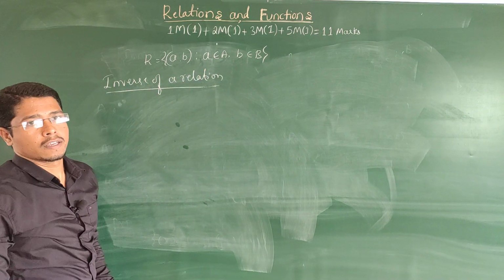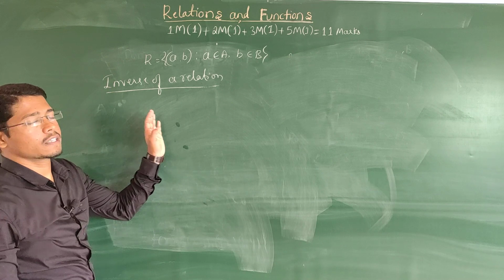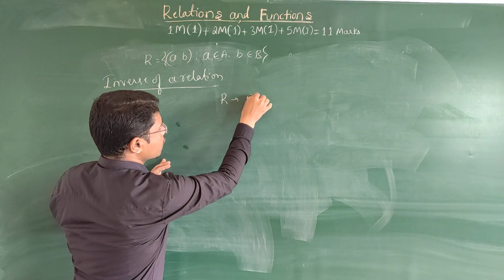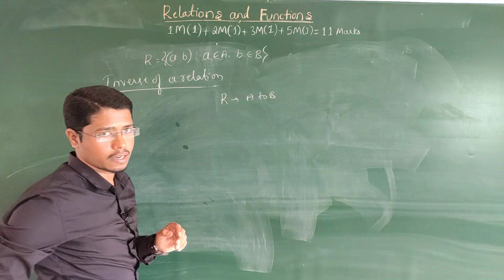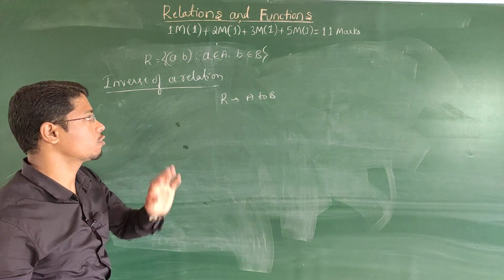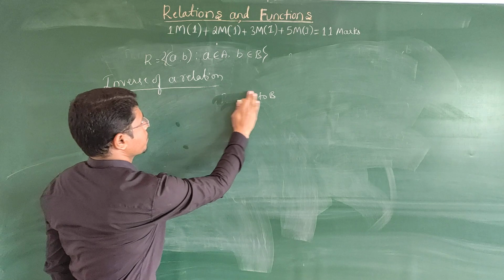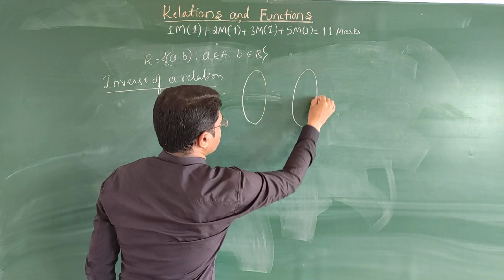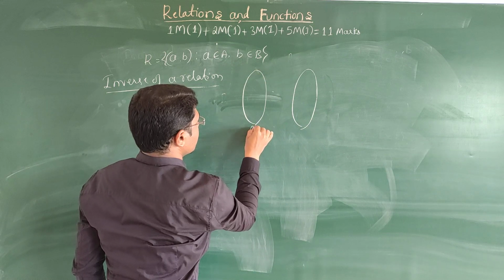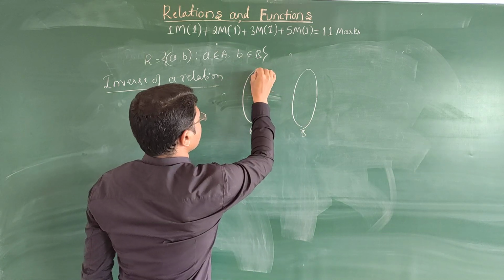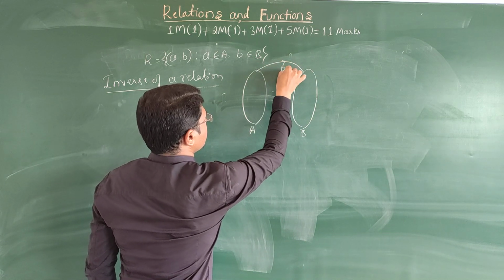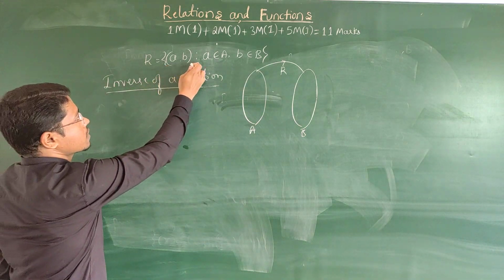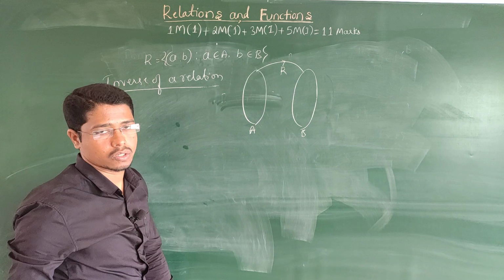Let R be a relation from set A to set B, that is (a, b) such that a belongs to A, b belongs to B.